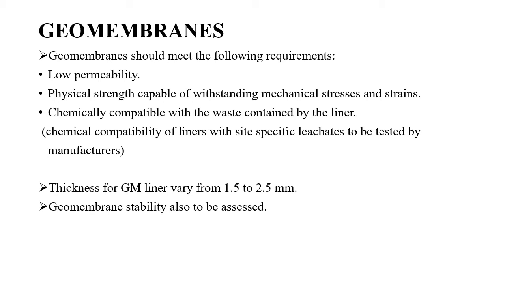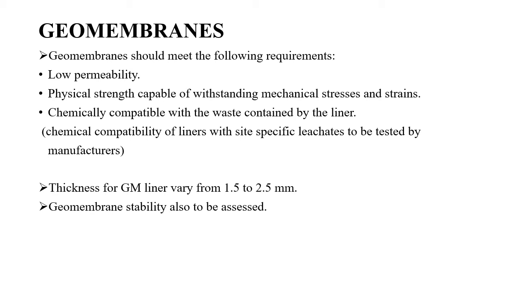Normally the thickness for this geomembrane liner varies. It definitely has to satisfy the design requirements, but mostly it varies in the range of 1.5 to 2.5 mm, and we recommend a minimum 2 mm thick geomembrane, as it is found to provide greater resistance to contaminant breakthrough.